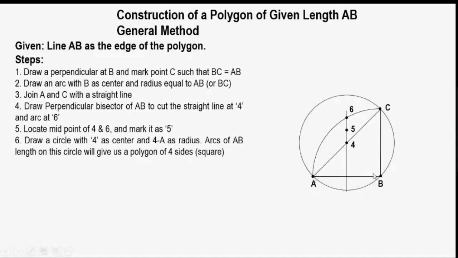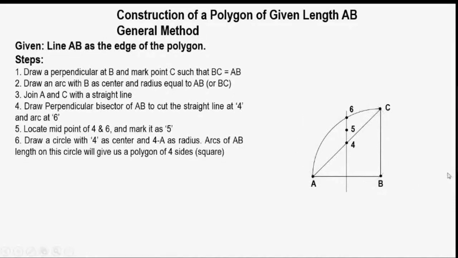And then mark the distance AB on this circle, we will get a square. You can see 4 sides, AB and BC. When we take A as center and AB as radius, we will get another point, point D here. When we join point D to point A and point C, we will get a square.